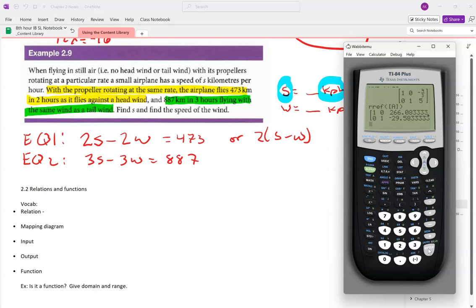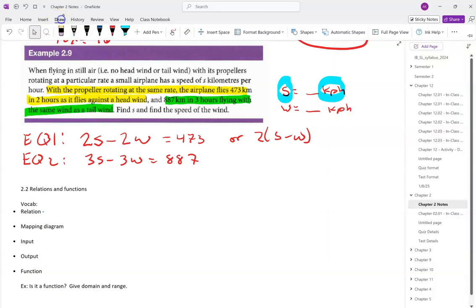Let's round that to 3 sig figs. What's my answer for S and W? So my value for S should be 266, and my value for W should be 29.6. Why am I omitting the negative?